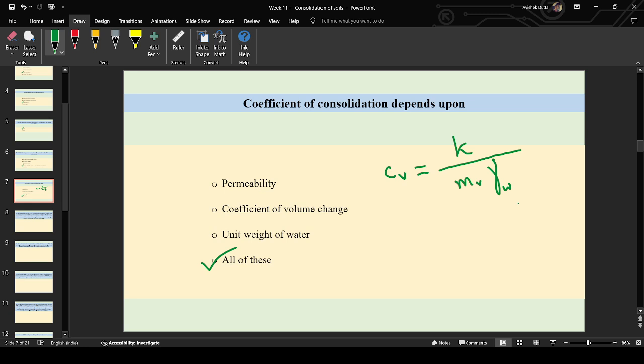MV is coefficient of volume change, and gamma W is unit weight of water. So coefficient of consolidation depends upon the coefficient of permeability, coefficient of volume change, and the unit weight of water. Okay. So all of these is the correct answer. Okay. Next question.